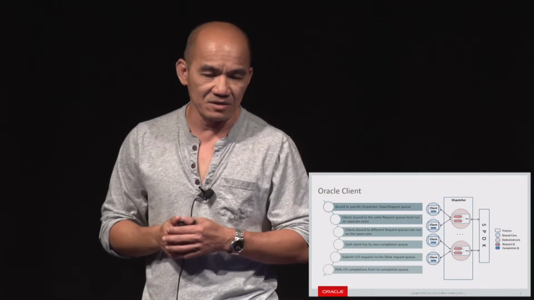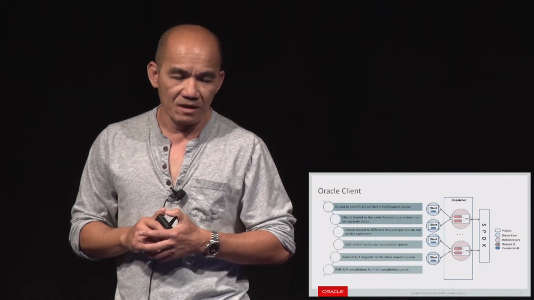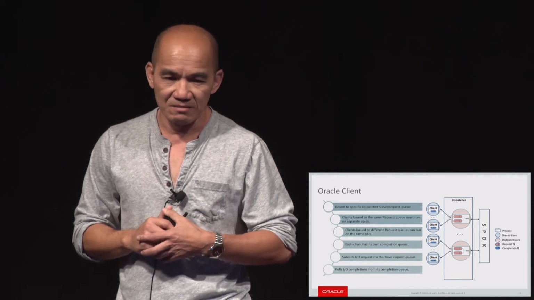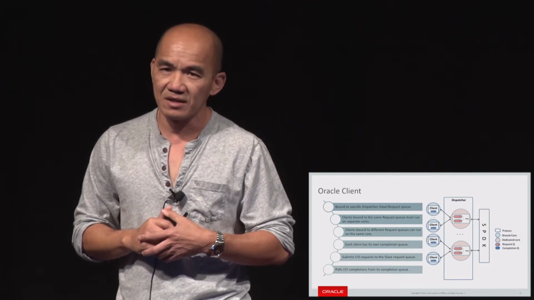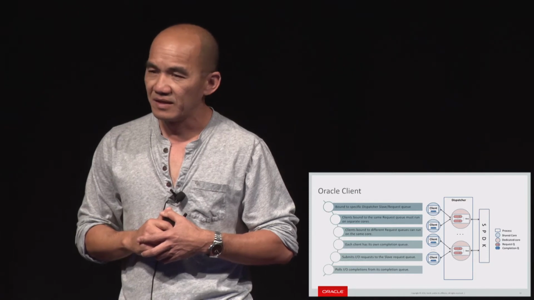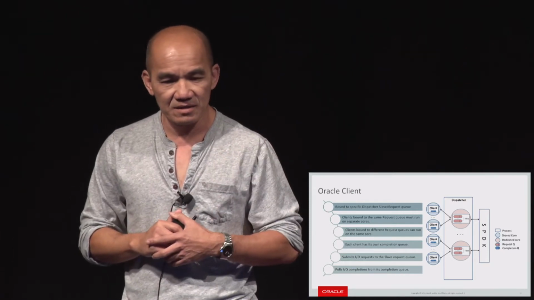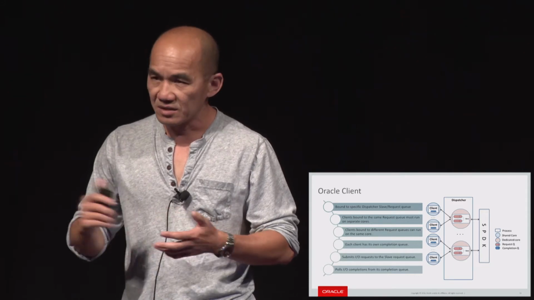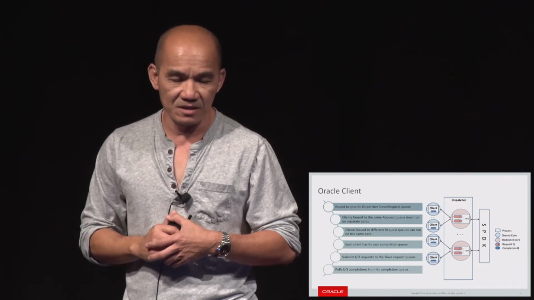As far as the dispatcher is concerned, the slave has to reduce the overhead, so it runs on a dedicated core, and the clients can share cores across the node.